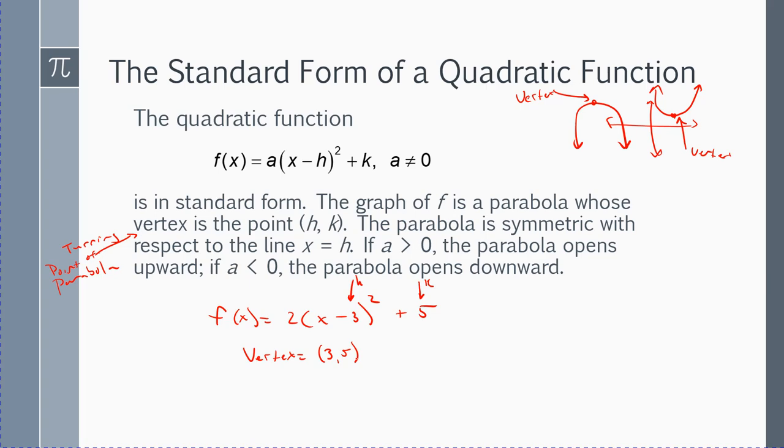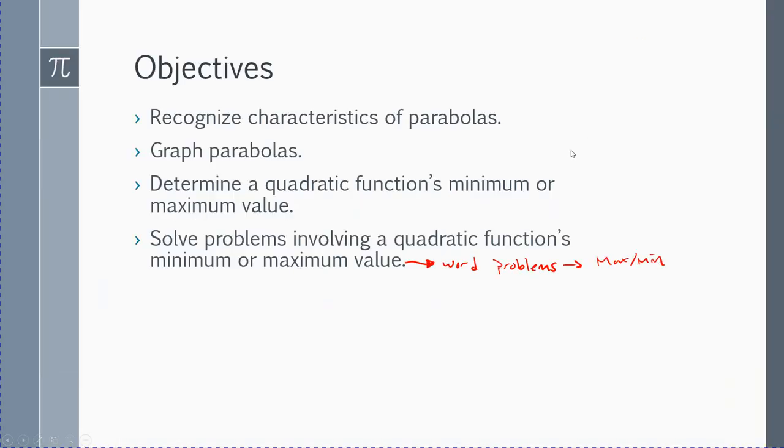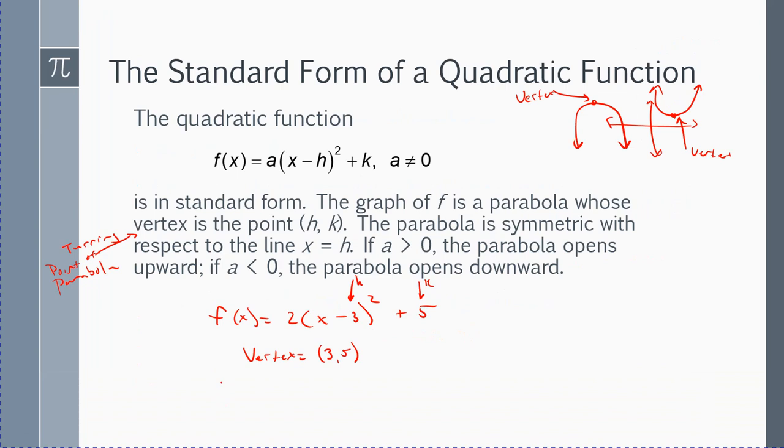This is what's called the axis of symmetry. It goes right through the vertex. If you were to fold it in half, the two halves would be mirror images of each other. It's the vertical line x equals h, so in this case it's x equals 3.